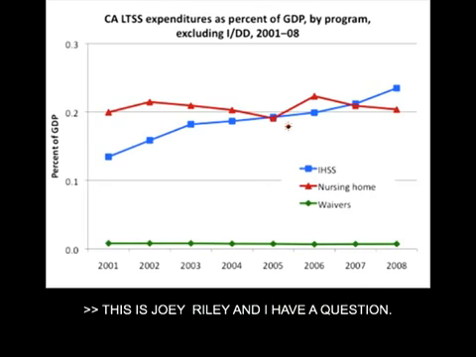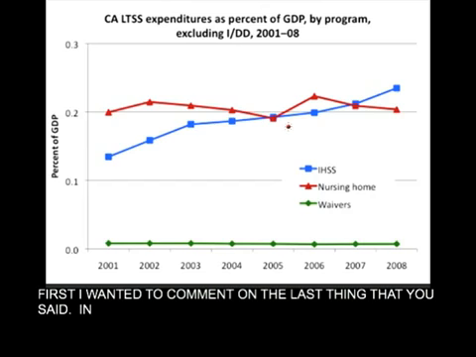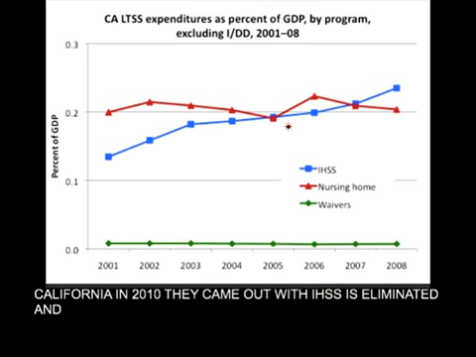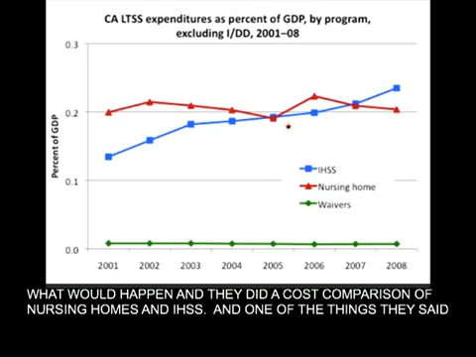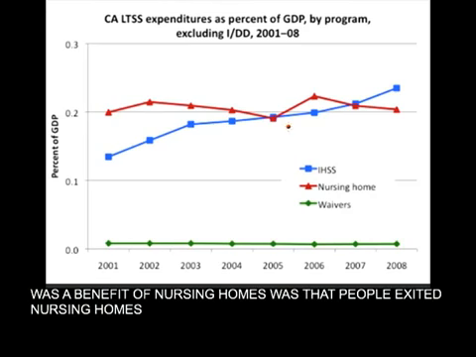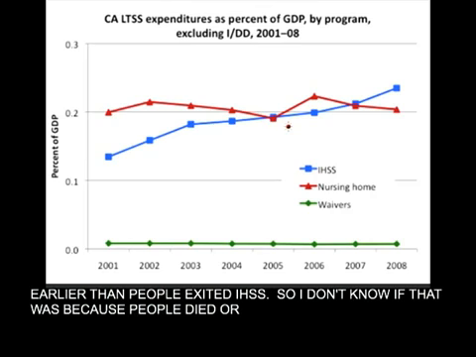Sorry, Joy, go ahead. Okay. First I wanted to comment on the last thing that you said, because in California, the LAO, I think it was 2010, came out with, what if IHSS was completely eliminated, what would happen? And they did a cost comparison of nursing homes and IHSS. And one of the things that they said was a benefit of nursing homes was that people exited nursing homes earlier than people exited IHSS.